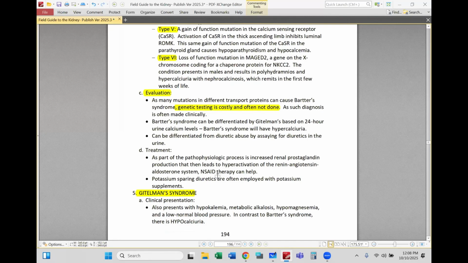That is not true anymore. With the widespread use of Natera testing, these are both captured. All of the Barter's and Gittleman's mutations essentially are captured in Natera testing. Okay, so please update that in your field guide copies.